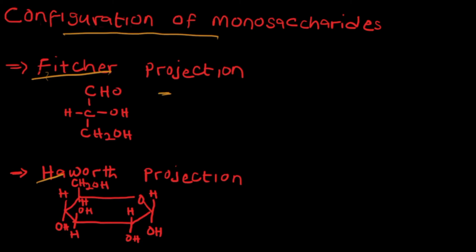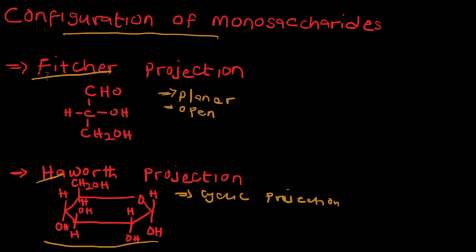Basically, it is a kind of planar projection, an open chain presentation of the monosaccharide, of the sugars. The Haworth projection is a kind of cyclic projection of the three-dimensional configuration of the monosaccharide.